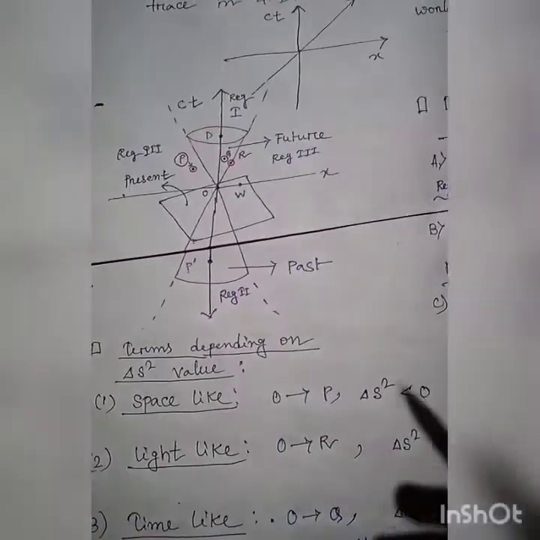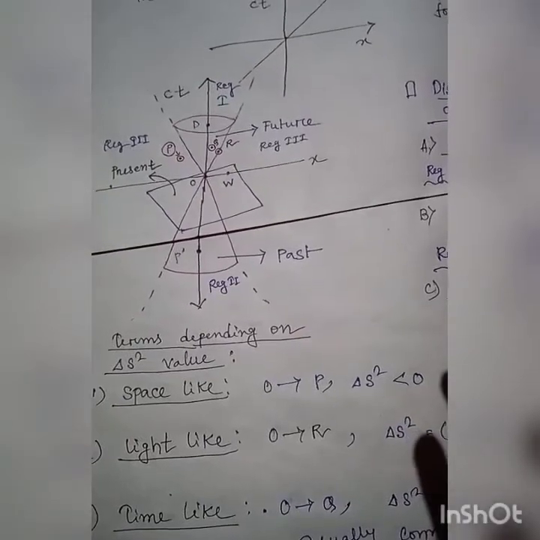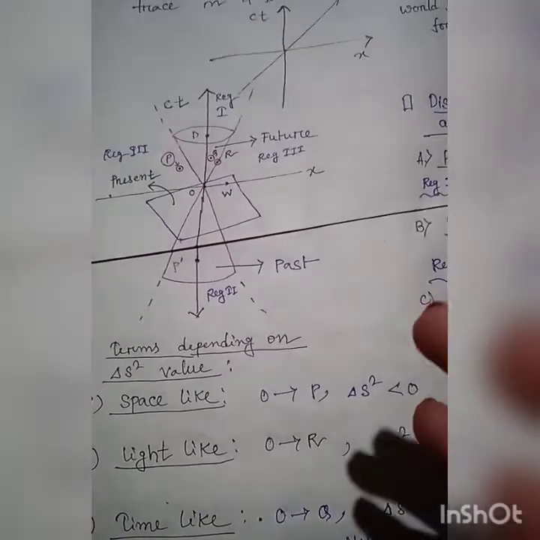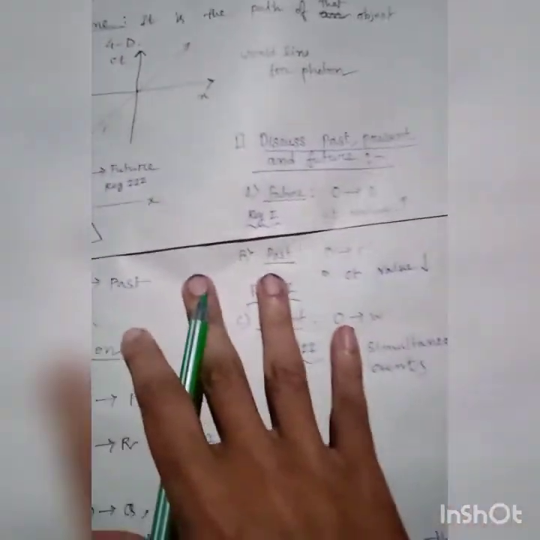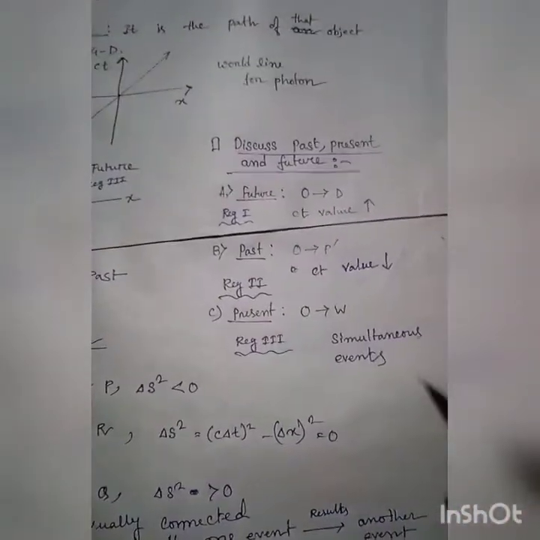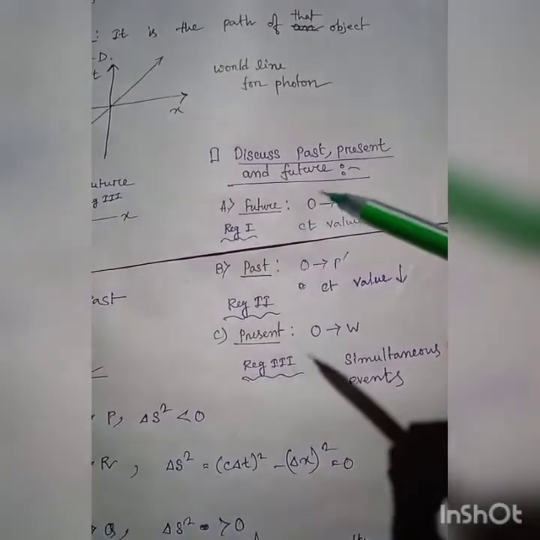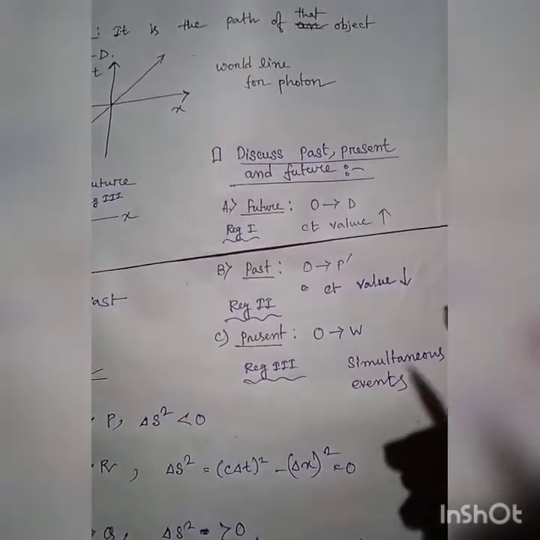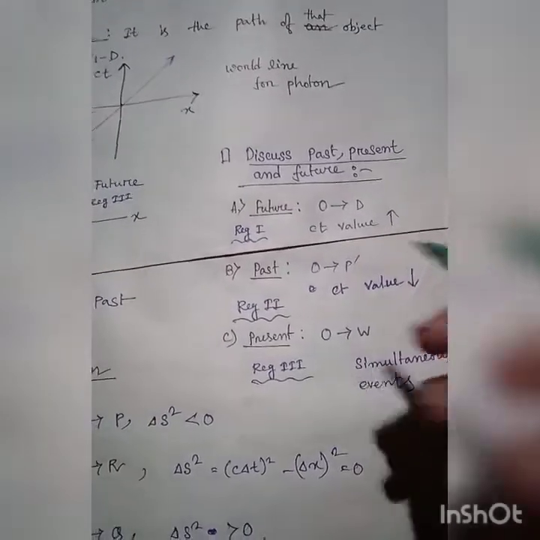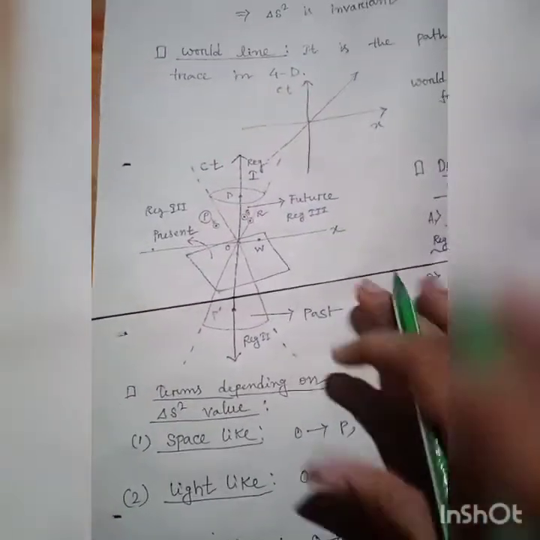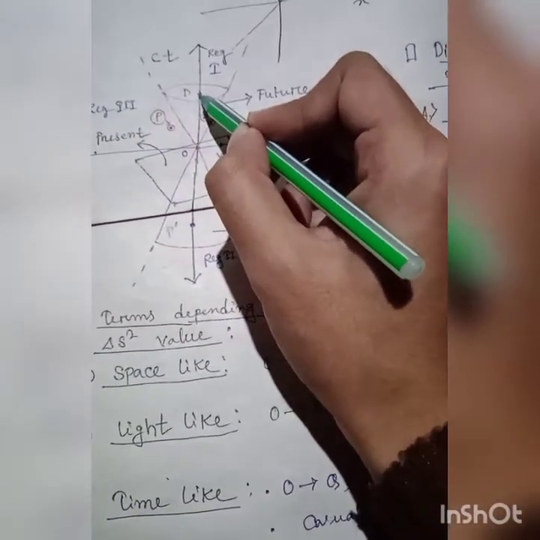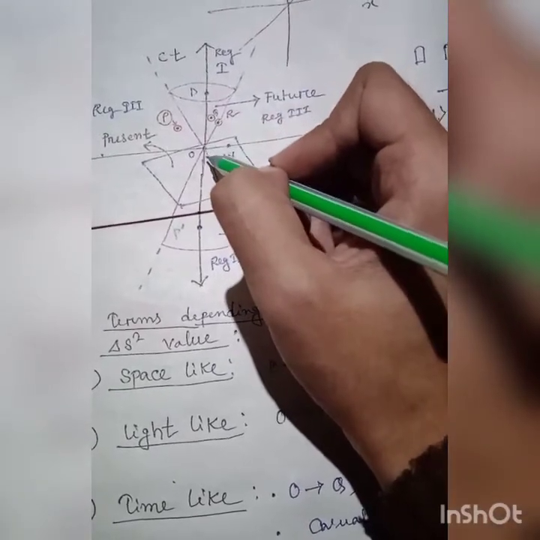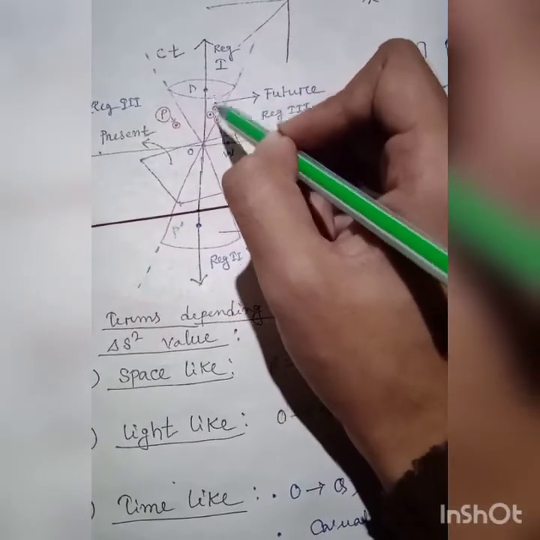Now let us discuss what the future, past and present are using this Minkowski space. For this I am discussing the future first. Let us go from O to D. The O you already know. On going from O to D, you can see clearly the value of CT increases.